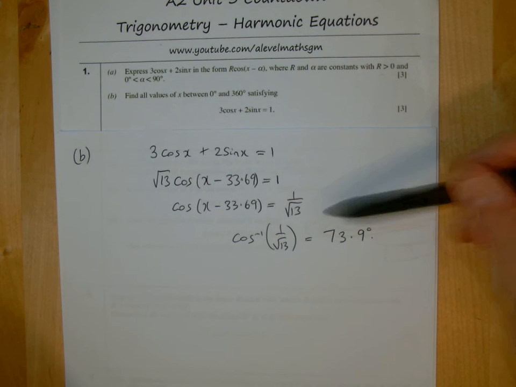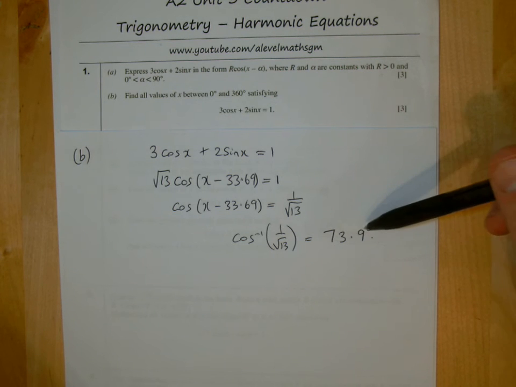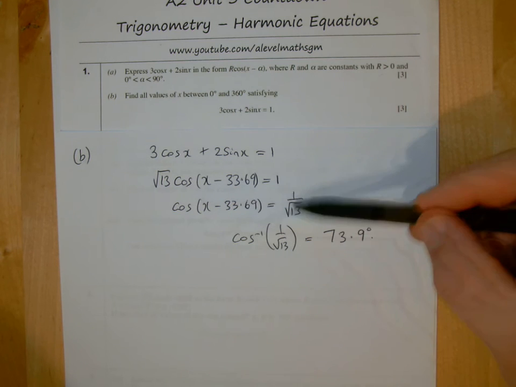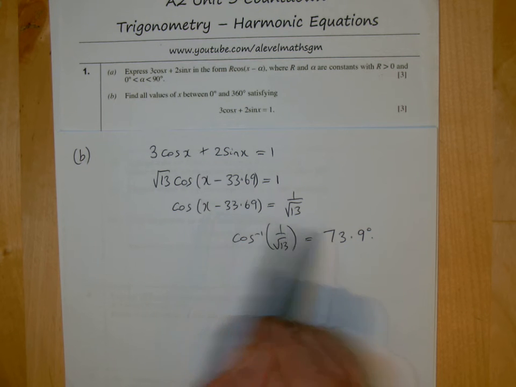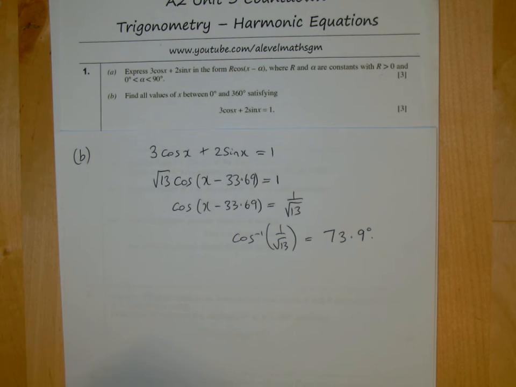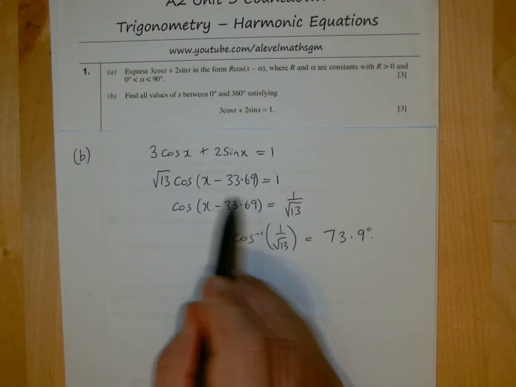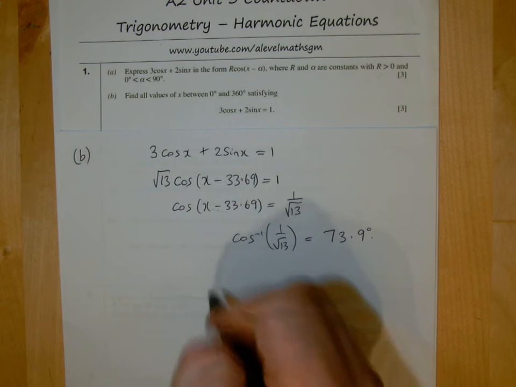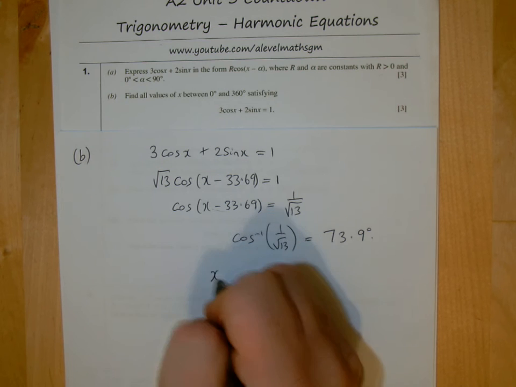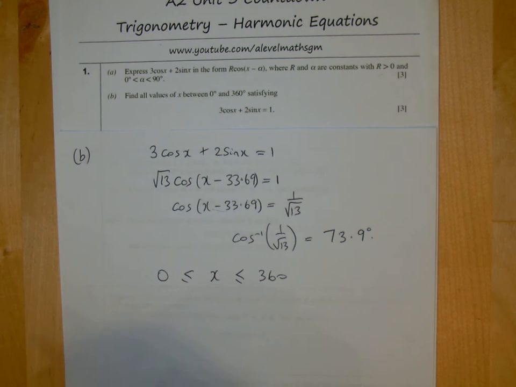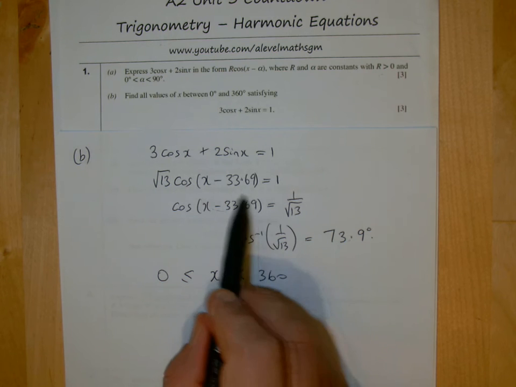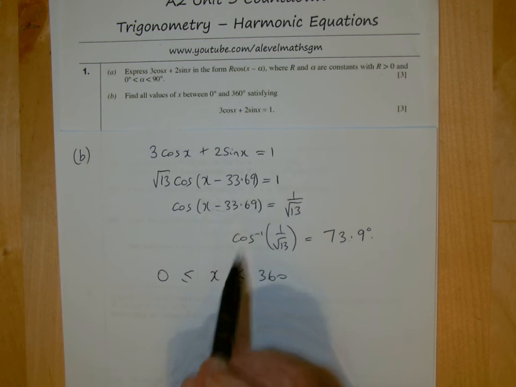Now, you've got to appreciate that you got the answer 73.9 degrees when you take that cos over. But that's the answer for this here, not the answer for x. Keep it as that for a minute, because we're going to find all the answers relevant to this. When it comes to our range, which has got to be between 0 and 360, I'm basing this solution on x minus 33.69, so I need to adjust my range.